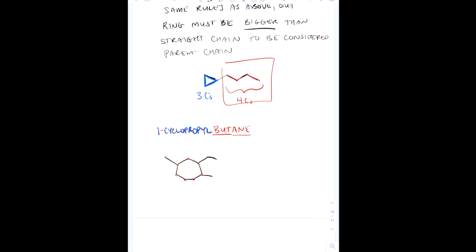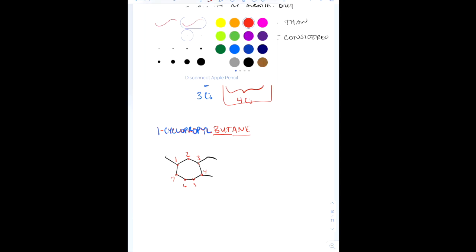Okay, and so the rules again is we want to make sure that we give the lowest number assignment for all of these substituents. Okay, and so the cool thing about a ring is that we can always make sure that we have a substituent at least at 1, right? So let's say we started numbering here. 1, 2, 3, 4, 5, 6, 7.